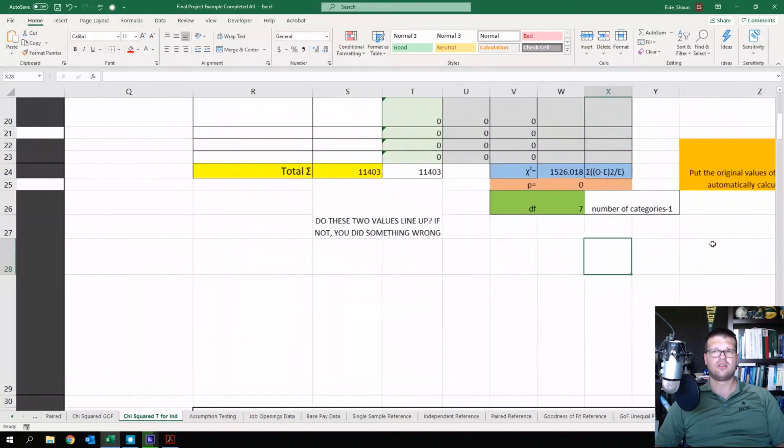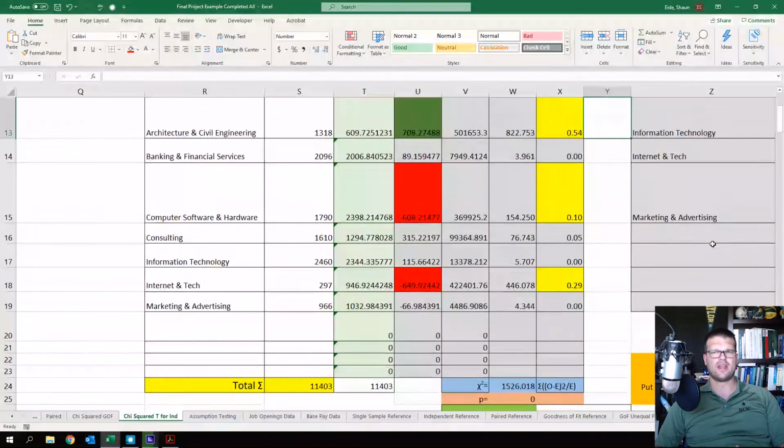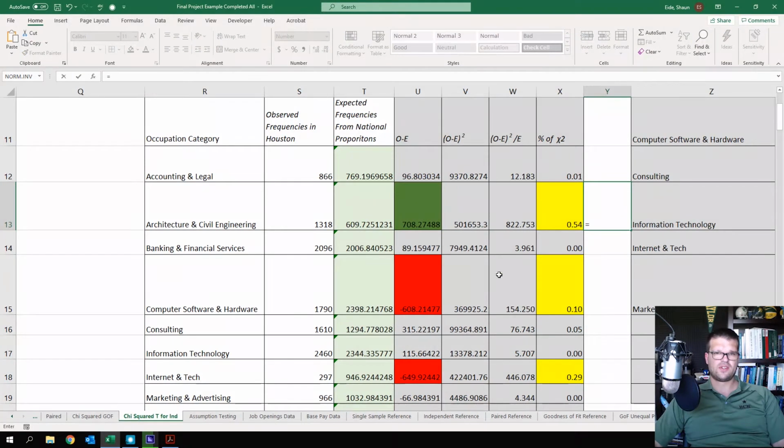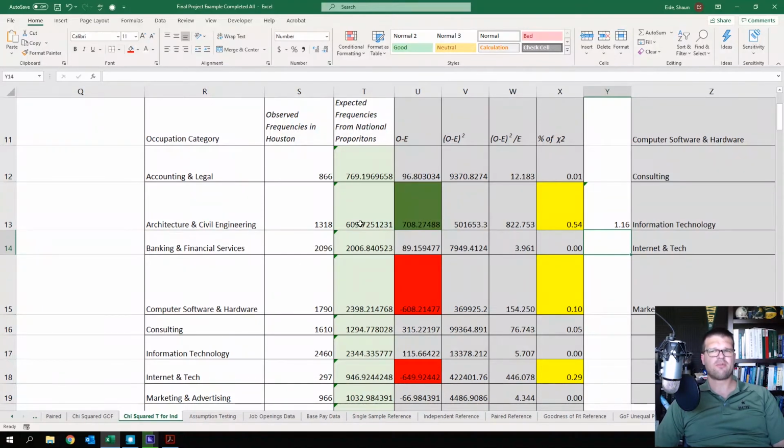You just need to describe what it is, right? So you have Houston has 1,318 job openings as compared to what the national average says they should have of 609. Or what you can also do is do equals 708 divided by 609, and you can say that there is 116% more job openings than what were expected.